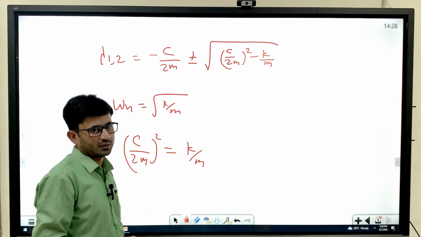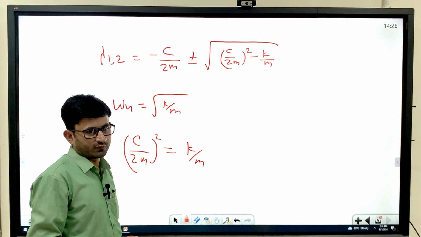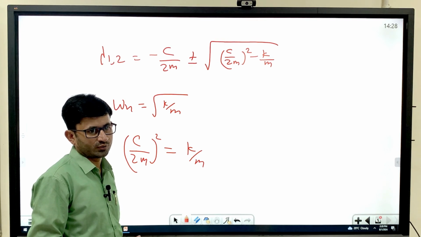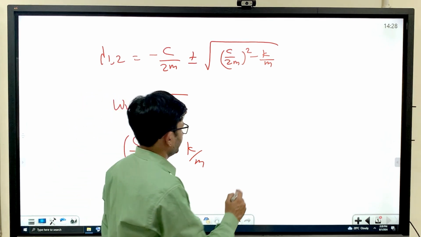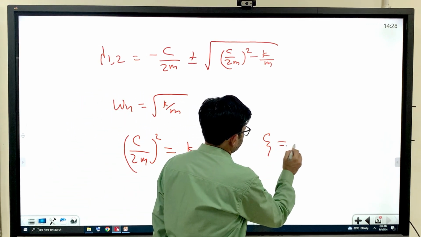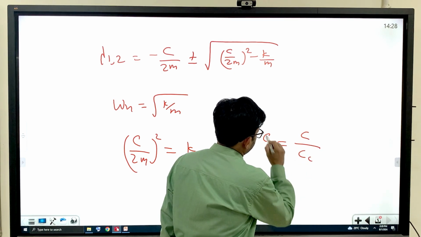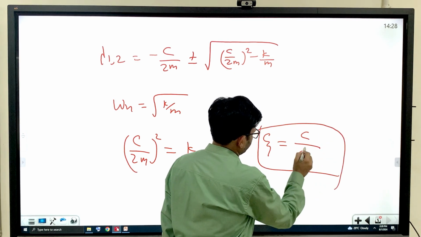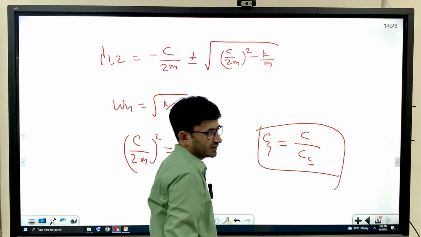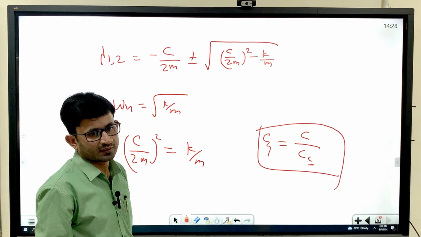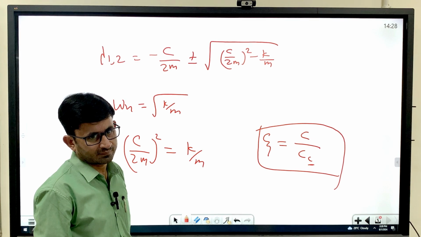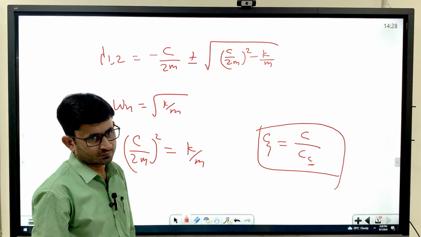Then the question comes, how will you define the damping? For critically damped, first you define the damping ratio, c by Cc, where Cc is the critical damping coefficient.